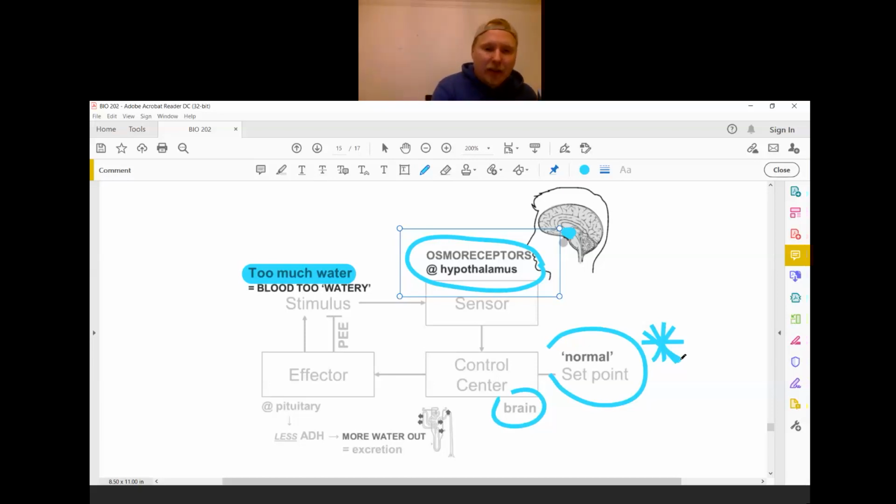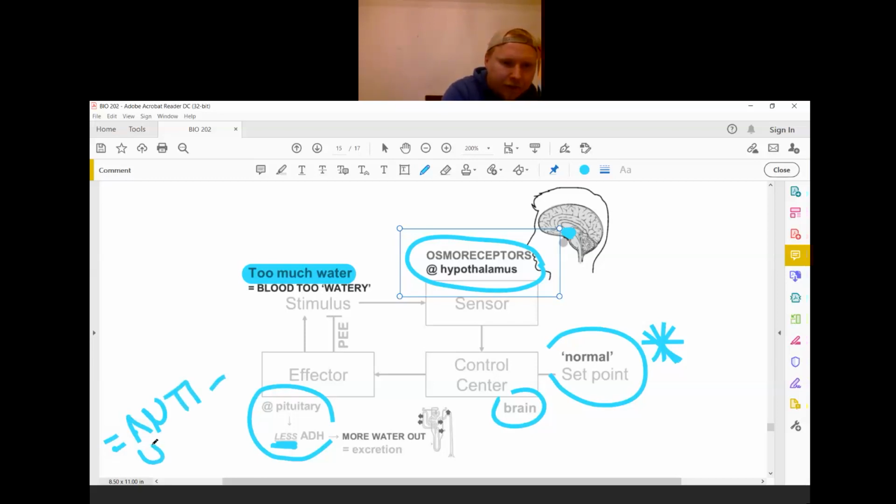And the effector in this case would be our pituitary, which would secrete less ADH. And if we make less ADH, you remember ADH was our anti-urination hormone. So if there's a large amount of ADH, we make less pee.